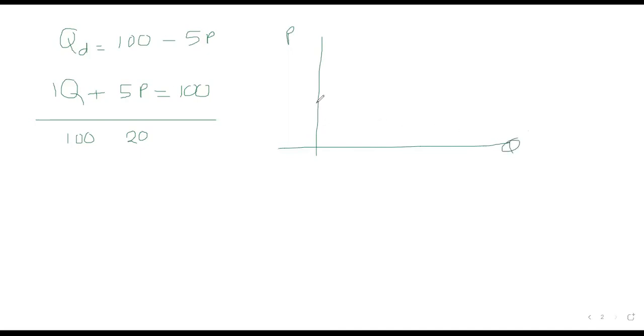On the P, we're going to cut at 20. Put your 20 there. On the Q, we're going to cut at 100. So this is 100 there. So this makes our demand function QD equal to 100 minus 5p. So this is our demand function.